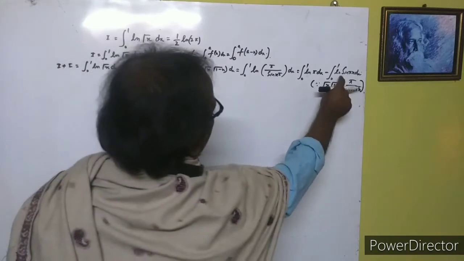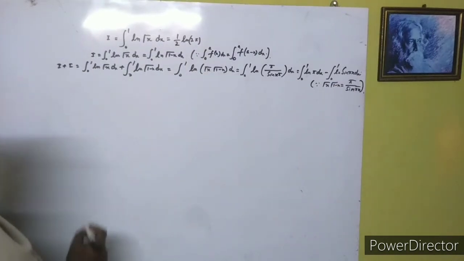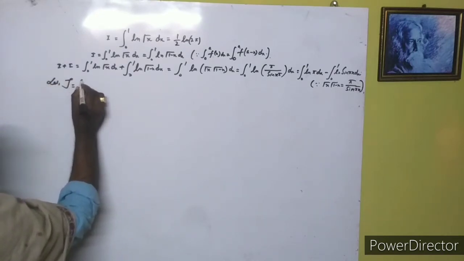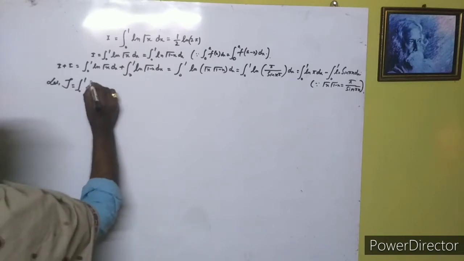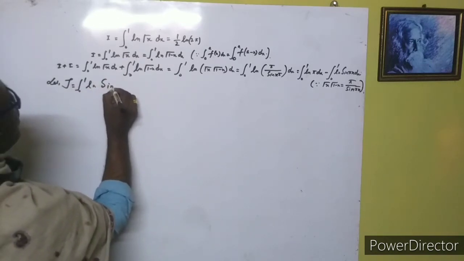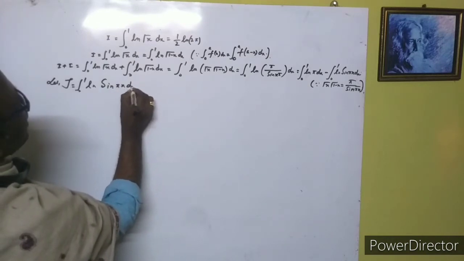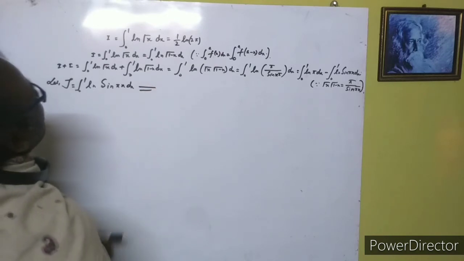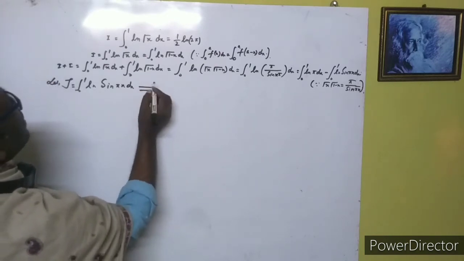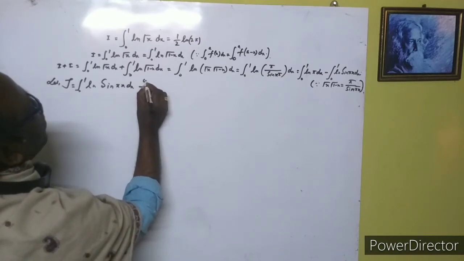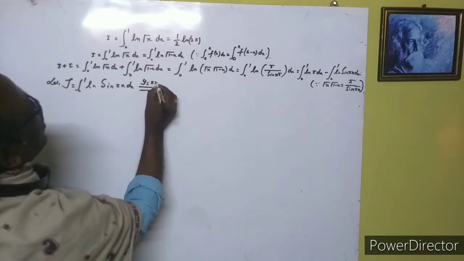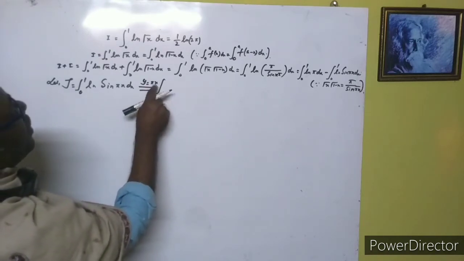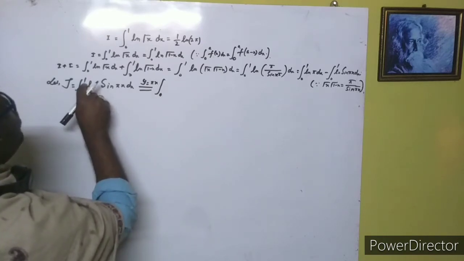Now let us assume this integral as J. Let J equal the integral from 0 to 1 of ln sin pi x dx. Let y equal pi x. When x is 0, we get 0, and if we put 1, we get pi.